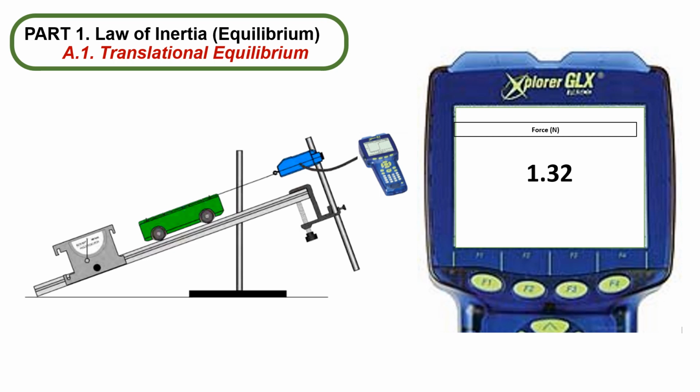We're using a force sensor here to measure the force or the tension. On the screen of the Explorer GLX, we can see the tension or the force, expressed in newtons. So if the reading is 1.32, this is 1.32 newtons.